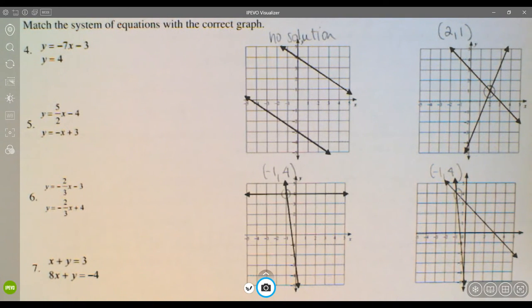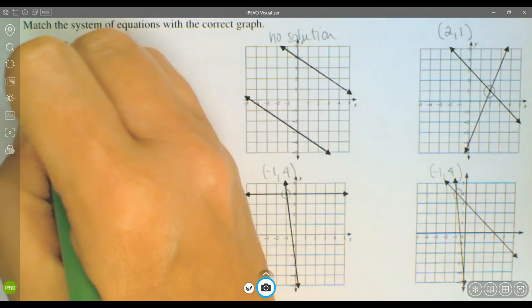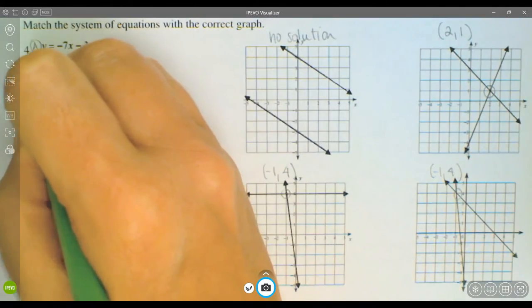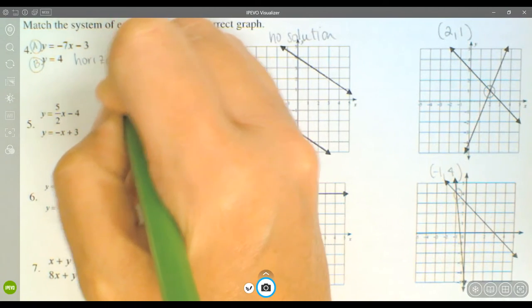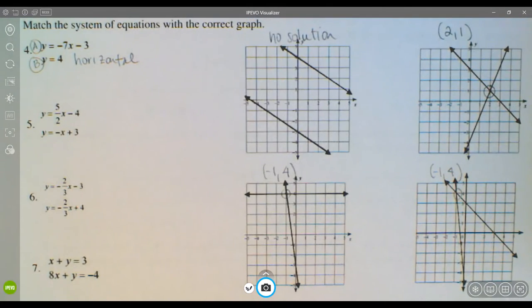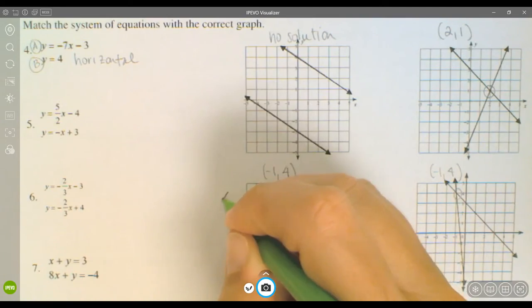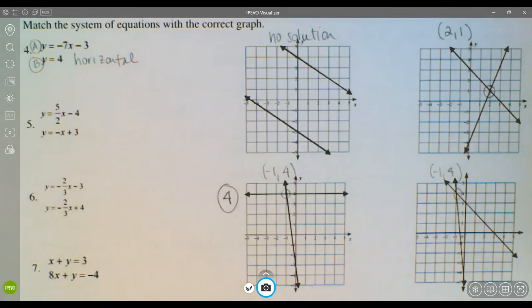So when I look at number 4 in equation A, actually I'm jumping right into equation B. When I see y equals 4, I know that this is a horizontal line. The only horizontal line occurs here. So this must be the graph to number 4, because there are no other equations.